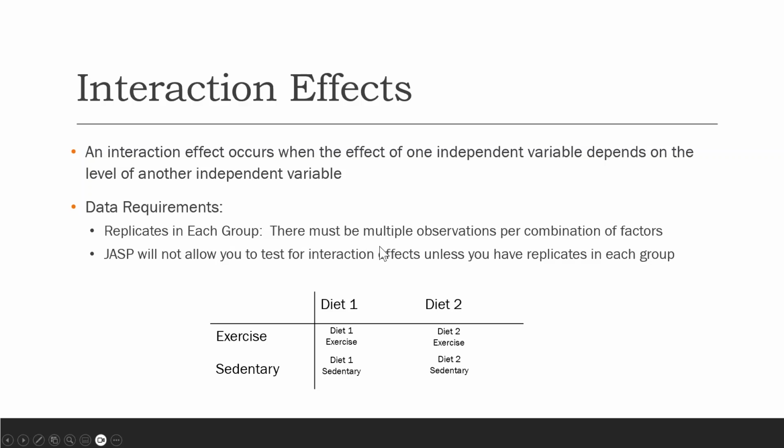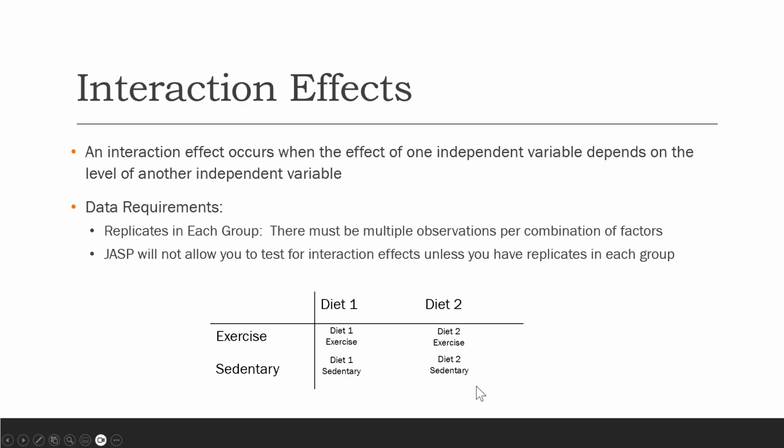Sometimes we have a very small sample size study where they put one person in this group, one person in the second group, one person in the third group, and one person in the fourth group, right? That's a very small study. There's no replication in there because I have one individual in each of those groups. That means I can't estimate a sample mean in each of those groups.